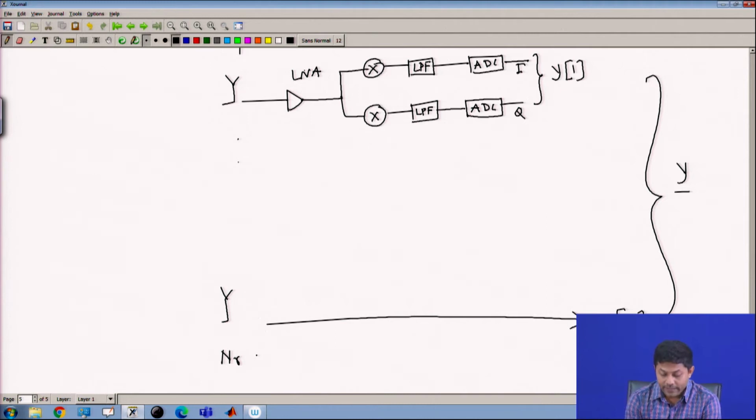Which means that if NR is say 100, you need that many RF chains and analog chains. You need that many LNAs, which is an RF circuit, that many demodulators, and that many ADCs. So many complex analog and RF circuits are present if I want to do the W in the digital domain.